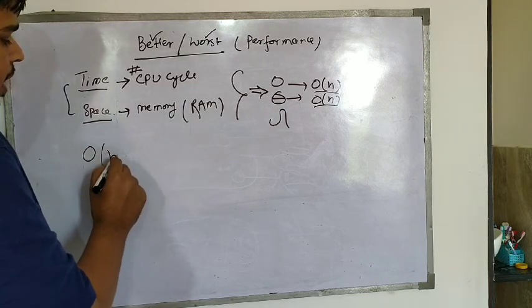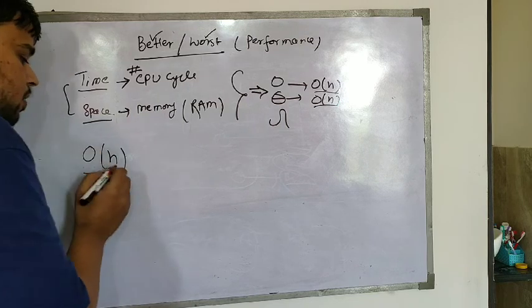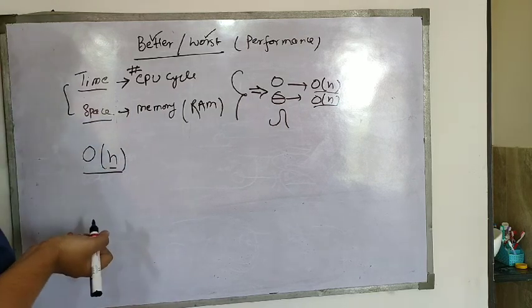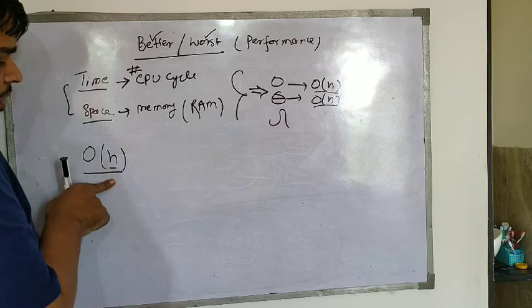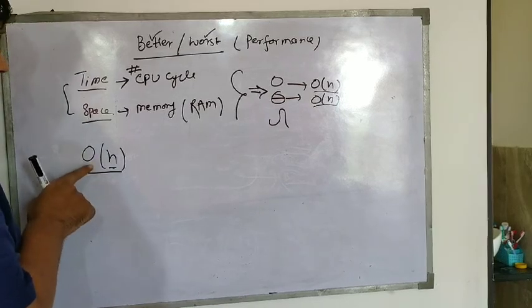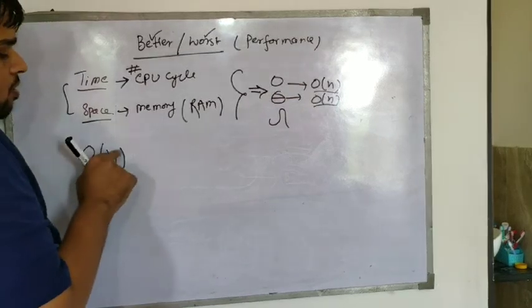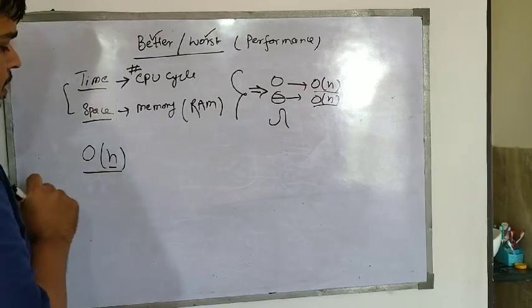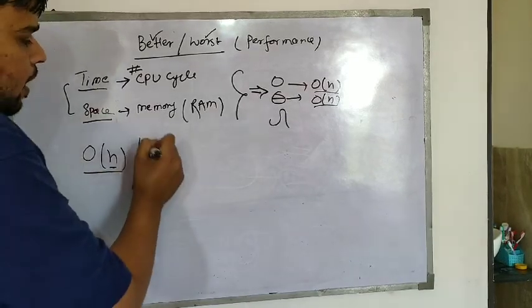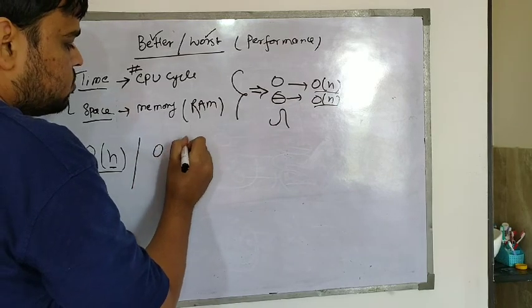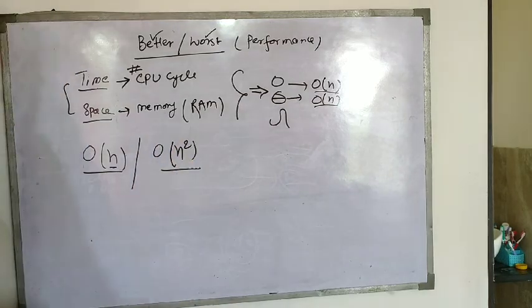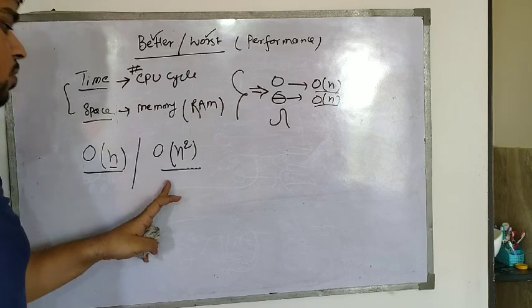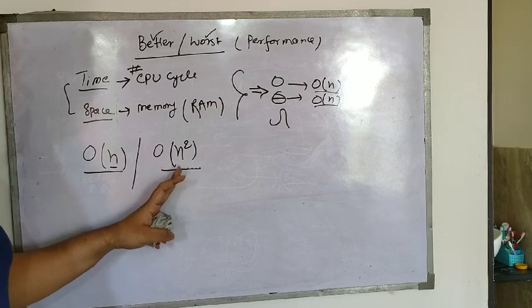So order of n means if your input size is n, then your algorithm's time or space complexity is order of n, meaning it will take n CPU cycles. And if it is order of n square, it means whatever your input size is, your complexity will be order of n square.